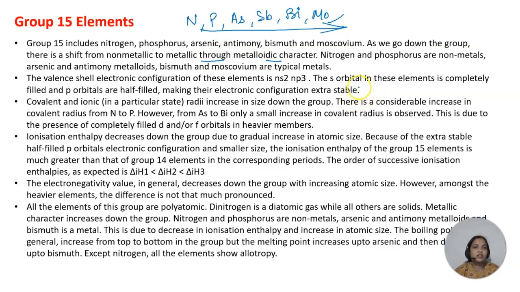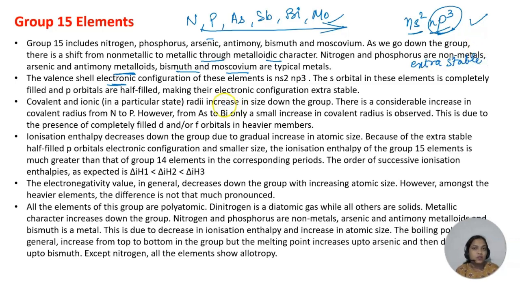Nitrogen and phosphorus are non-metals. Arsenic and antimony are metalloids. Bismuth and moscovium are metals. Configuration: ns2 np3. The s orbital is completely filled and the p orbital is half filled, so their electronic configuration is extra stable. This we have also studied.